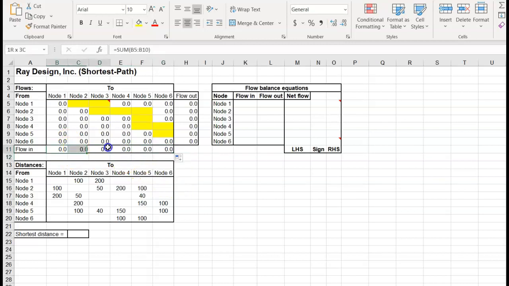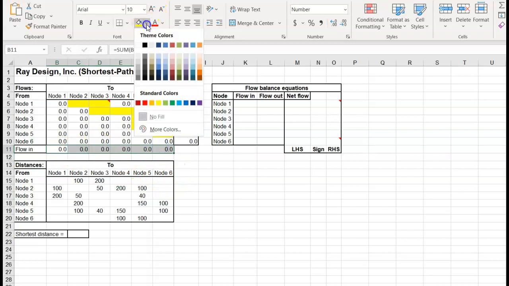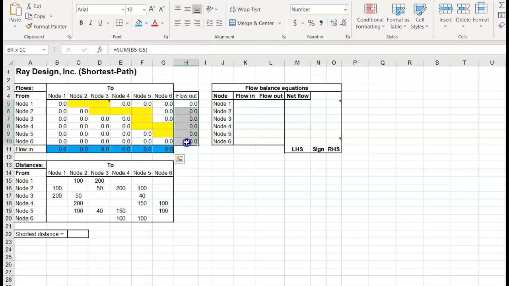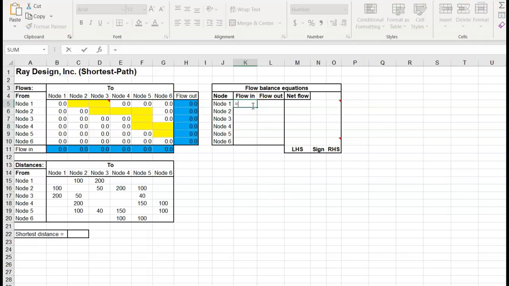Now, because there are functions in these cells, I have to put a color coding of blue in here to help me remember. And then the balanced flow equation would simply be the flow in, which are given in these cells here down in the flow in row.